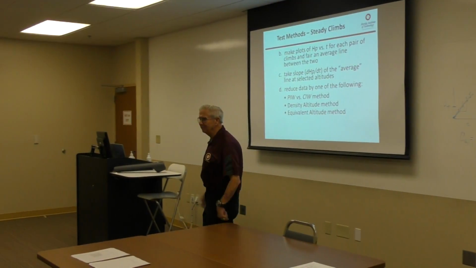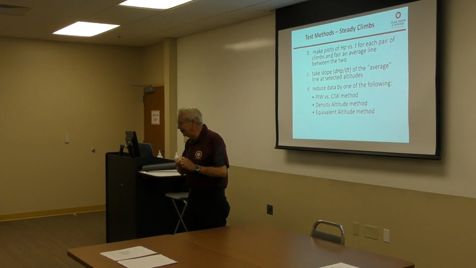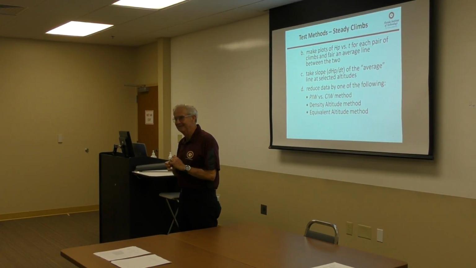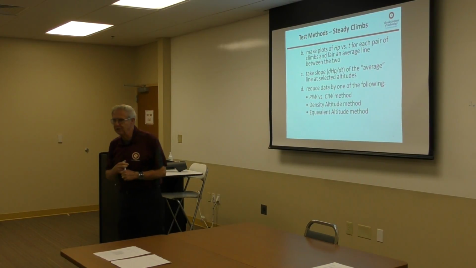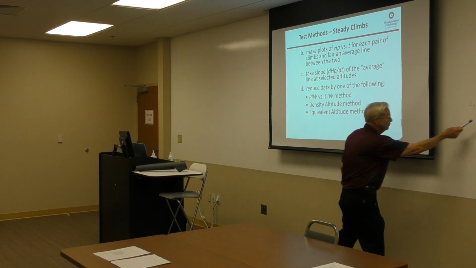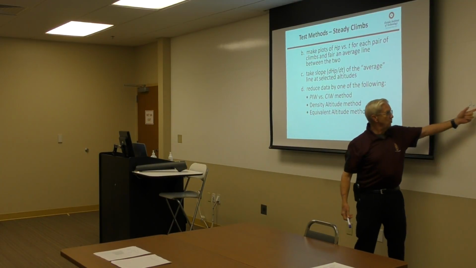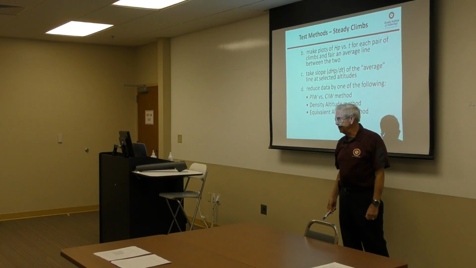Don't make that mistake, please. You'll have an awful lot of work to do if you do, okay? You only have to reduce 2 data points on this flight. You'll have to do 2 of these plots, but you'll only get actually 1 point off of each plot.